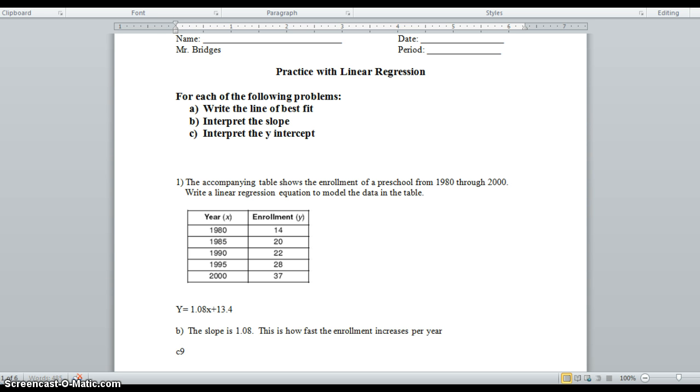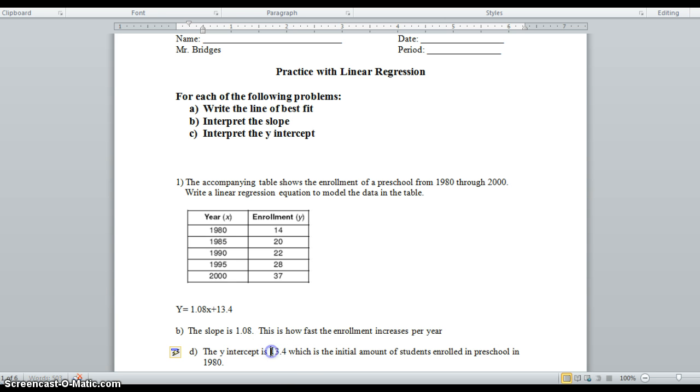Alright, and part C for the y-intercept. For the y-intercept, it is 13.4, which is the initial amount of students that are enrolled in preschool in 1980.